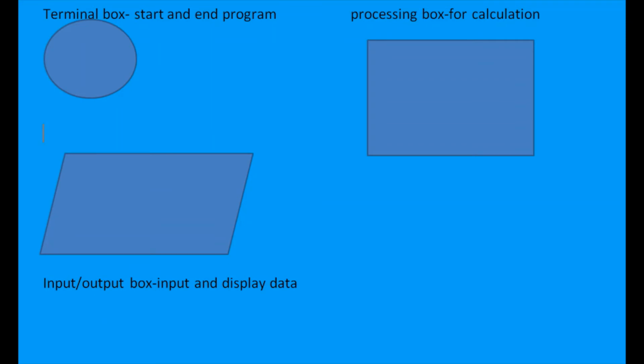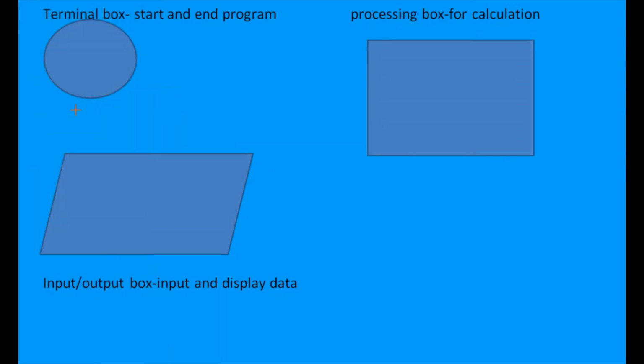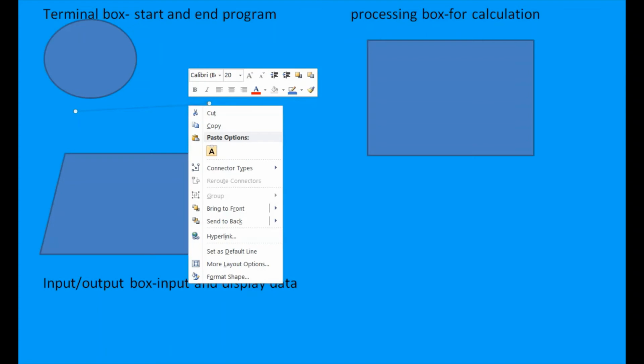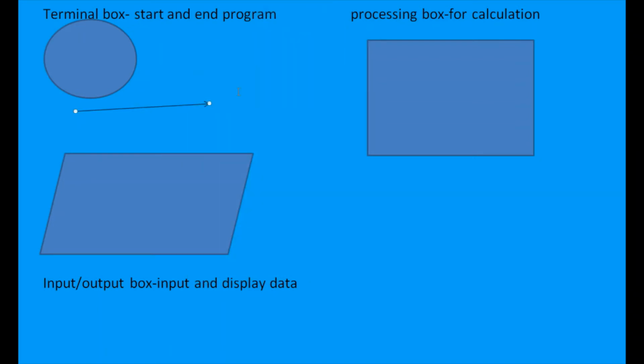So the next one is flow lines. Now here you can see I'm just drawing it, then putting in another color, make it black. You see that I have an arrow also over there, right? This part shows how it goes down below.